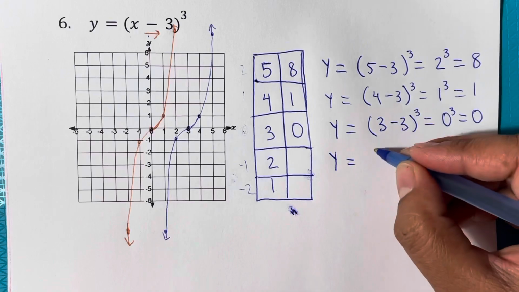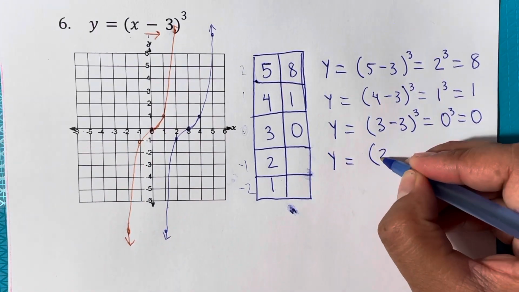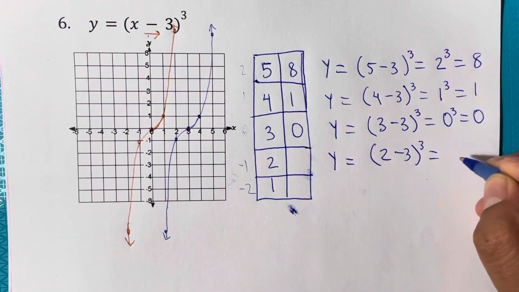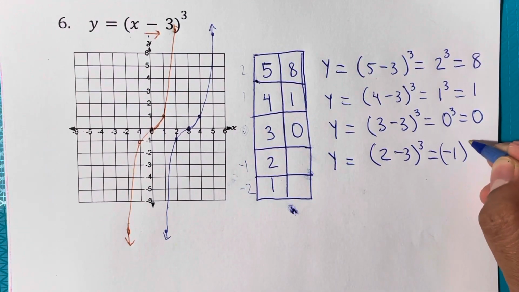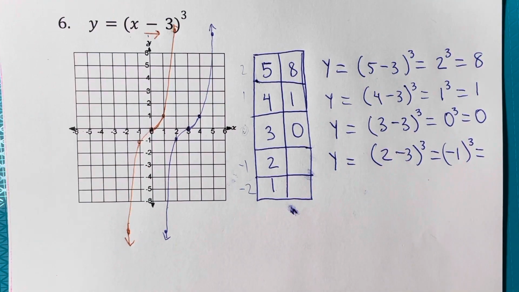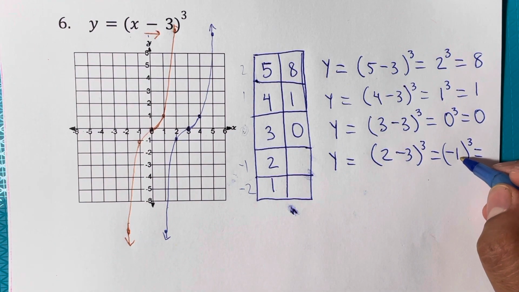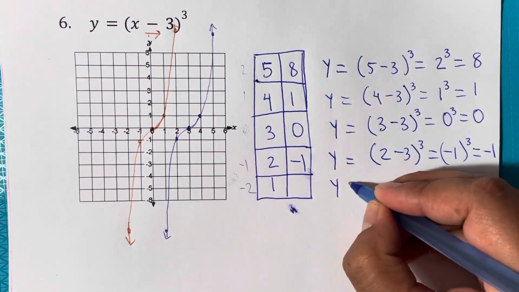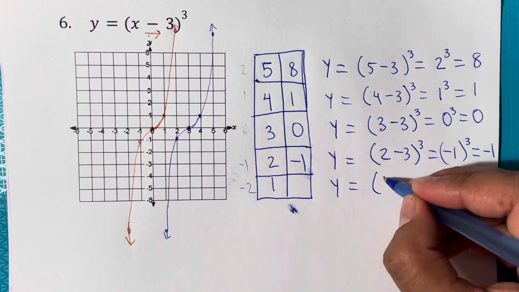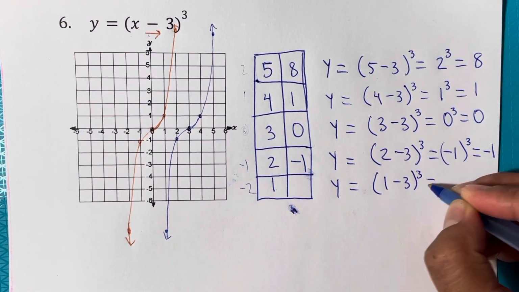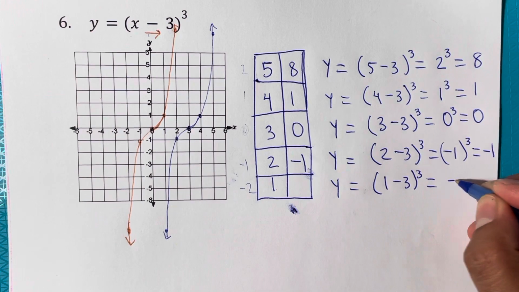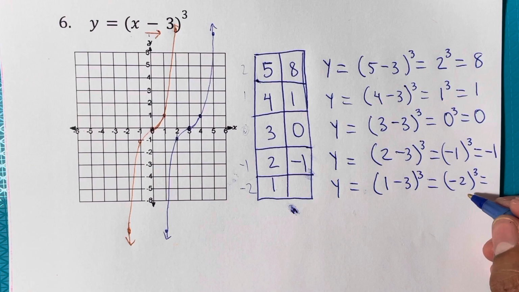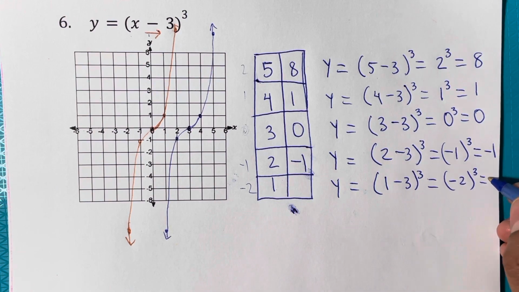You can see that I'm moving a little faster, but you get the idea. 2 minus 3 cubed. 2 minus 3 is -1, so we put it between parentheses to the third power, and -1 times -1 is +1 times -1 is -1. 1 minus 3 cubed. 1 minus 3 is -2 cubed. And -2 times -2 is +4 times -2 is -8.